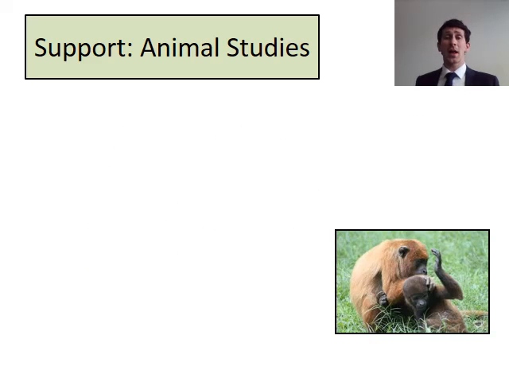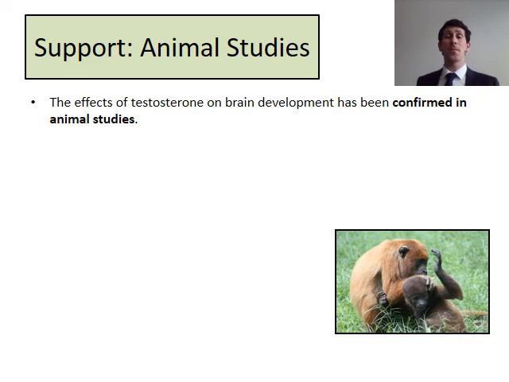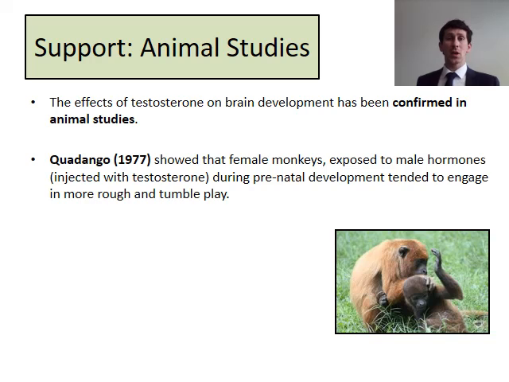The first study we're going to look at to support the biological theory on gender development is an animal study, and it shows how testosterone masculinizes the brain. Quadagno conducted a study and found that female monkeys who were exposed prenatally to testosterone, so what they did was they injected the mother monkey with testosterone during pregnancy, so the female babies were exposed prenatally to higher levels of testosterone.